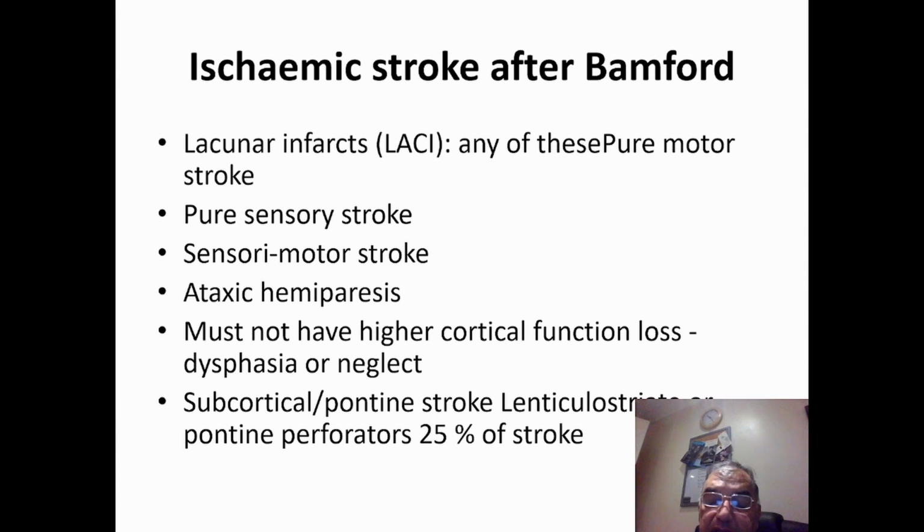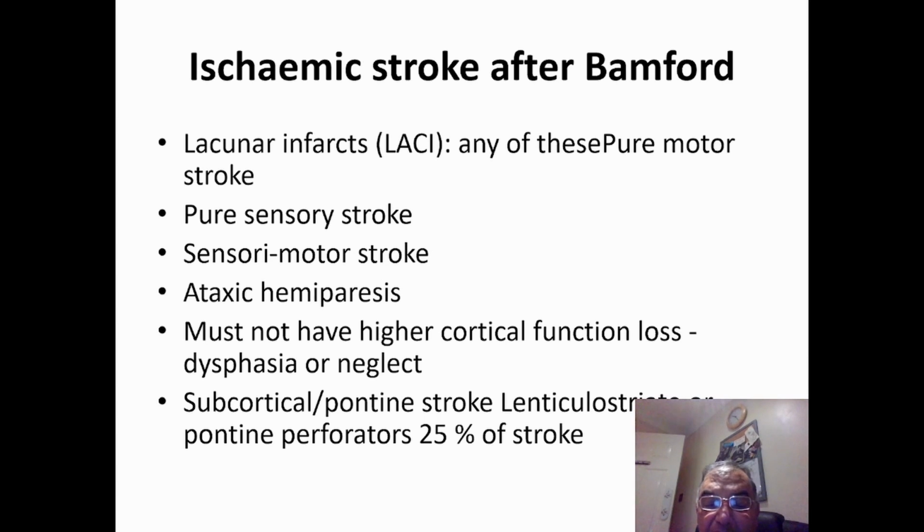Now, this is a classification that everyone in the UK is familiar with. John Bamford proposed this with a working group in Oxford, and strokes are basically divided into four basic categories. The first is lacunar infarcts, or LACI. Any of these can be either a pure motor stroke, a pure sensory stroke, a sensory-motor stroke, or ataxic hemiparesis.